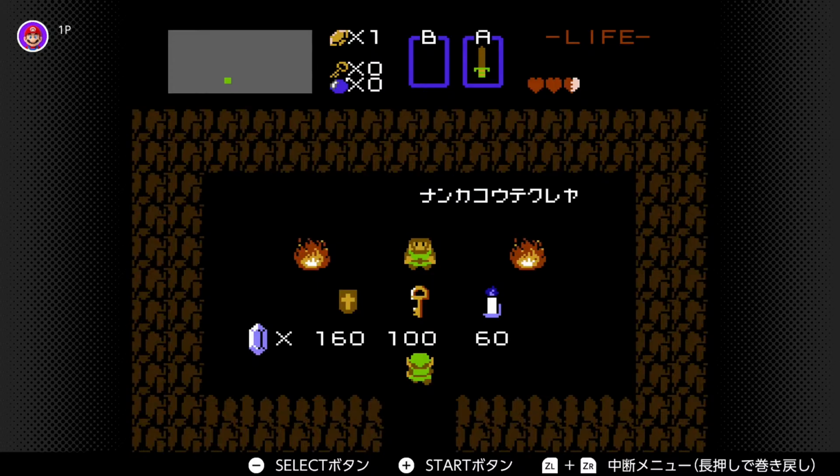And we put it in the te form to then add the verb kureru. Kureru means to give.